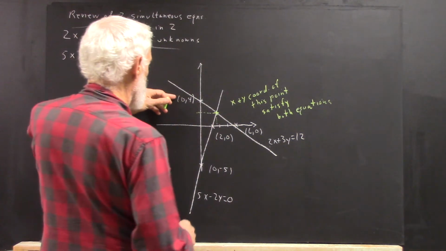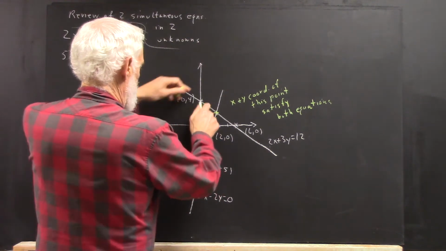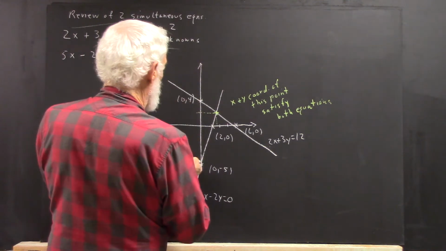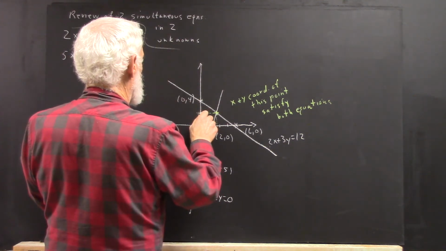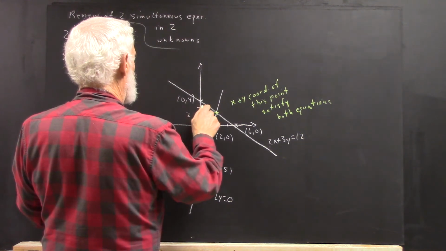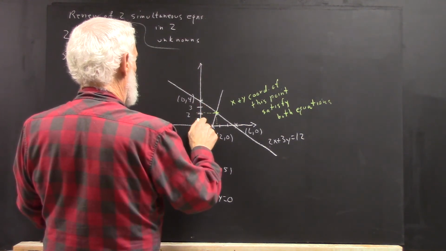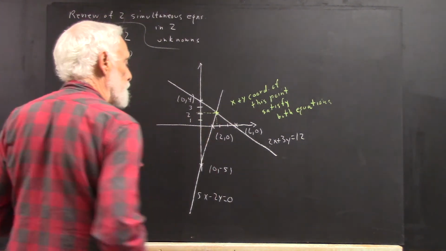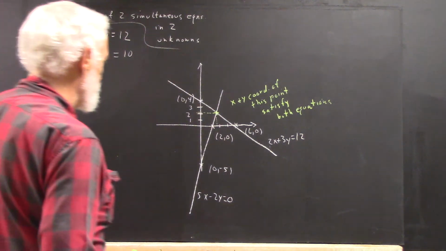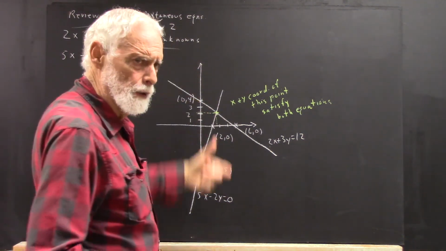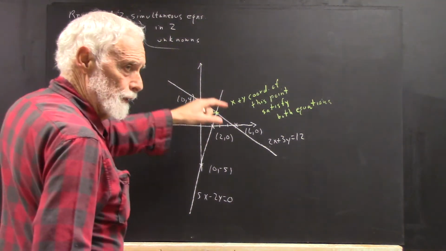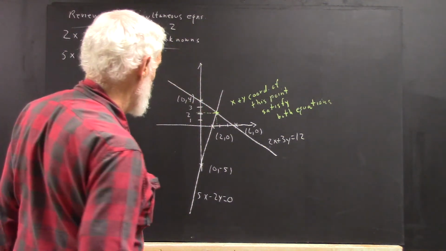Now if this is 0, 4, then I think if I subdivide this interval from here to here, this is a little more than halfway, so I'm thinking that 2 is going to be about here, 3 is going to be about here, 1 is going to be about here. So based on my graph, my estimate, now remember I kind of missed this point, so I'm not going to get a great estimate. And I wasn't going to get a great estimate to start with because I wasn't totally careful about spacing the points and everything.